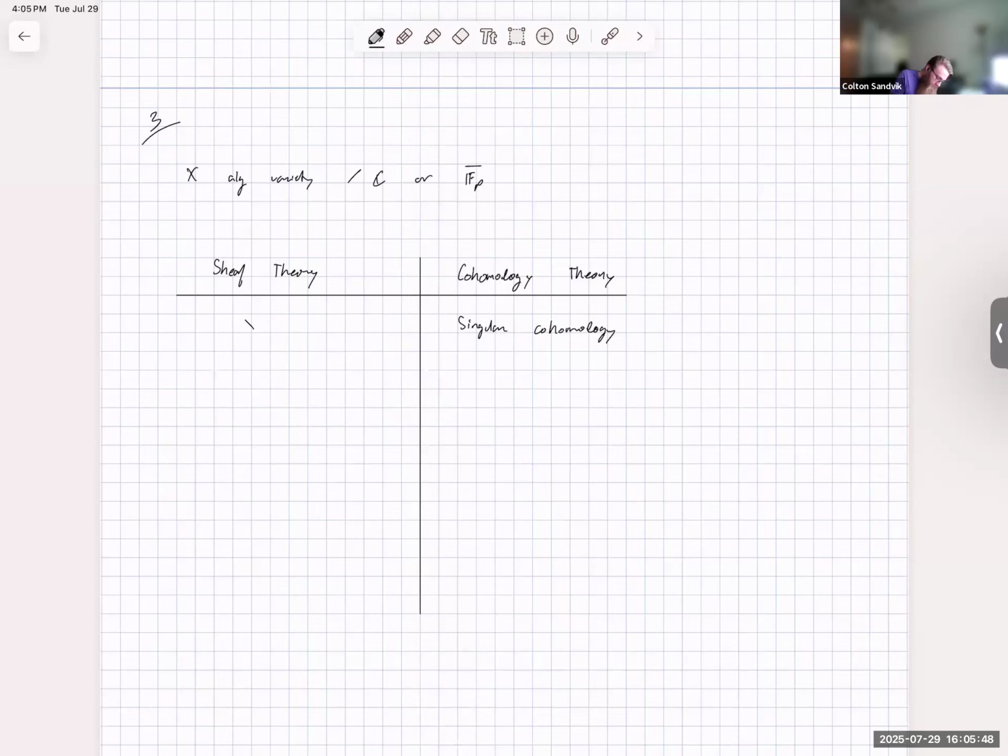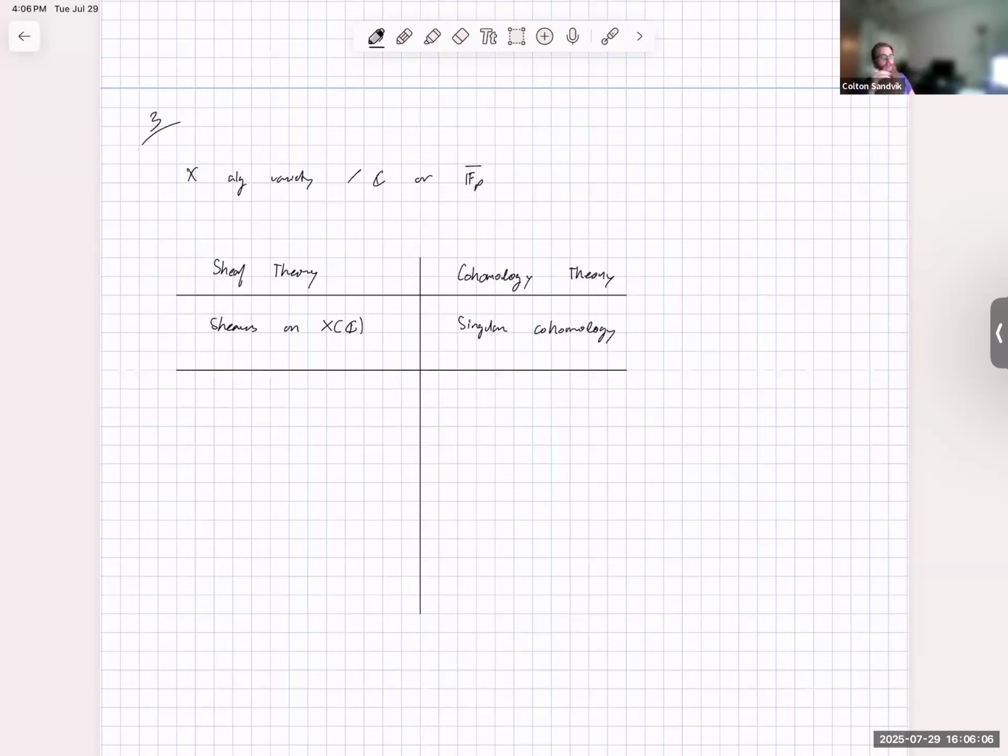And if we look at sheaves on the complex points of X, this corresponds with our theory of singular cohomology.